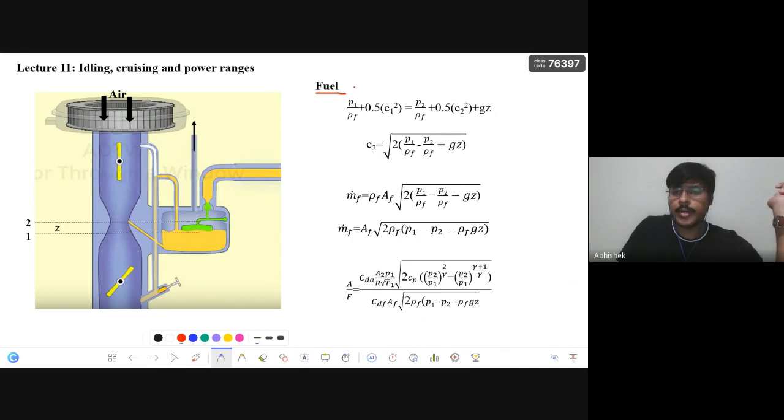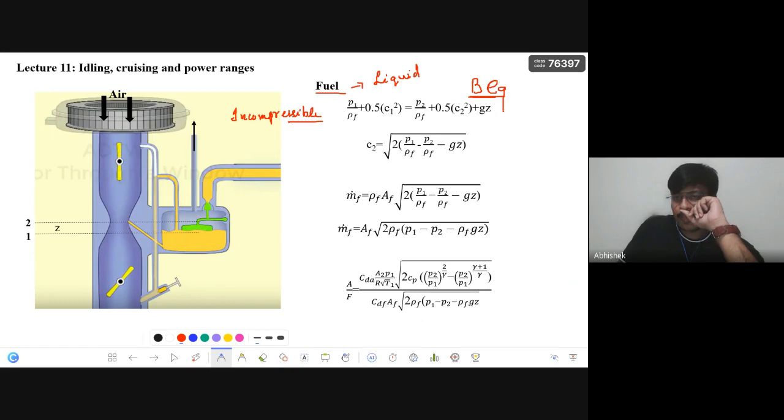But fuel is a liquid. It will get vaporized eventually, but still it is a liquid. That is why we consider it as incompressible. And when we consider it as incompressible, we can directly use Bernoulli's equation. Now, what is Bernoulli's equation?